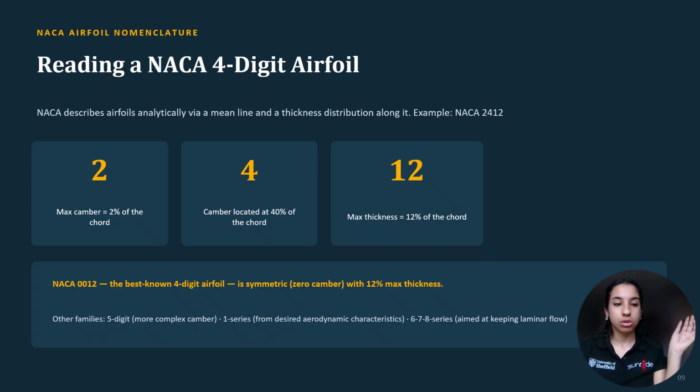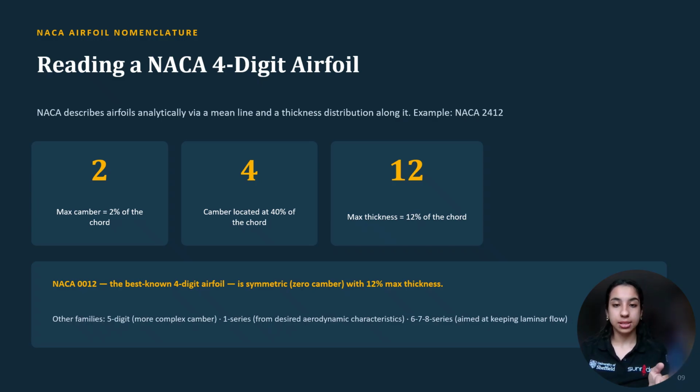Now we have different ones. It's nice to remember the NACA 0012, which is the best known 4-digit airfoil. It is completely symmetrical, so the camber is actually 0.